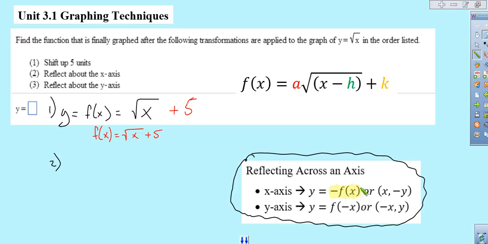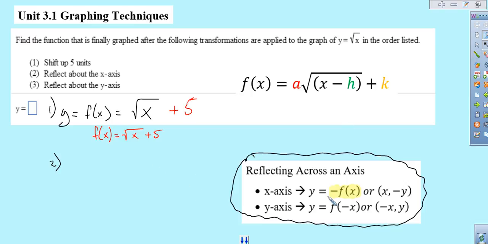What that's basically saying is I'm going to take my function and make it negative. This one is a little more confusing as to what it means, especially on the x-axis reflection. On the y-axis, it makes perfect sense because you can see that you're plugging the negative inside. But this makes it a little more confusing, so let's stick with this.